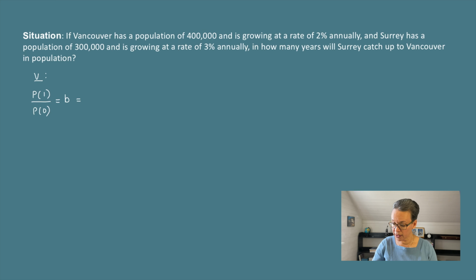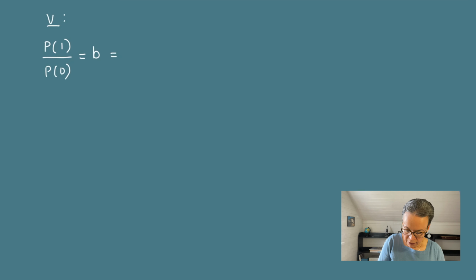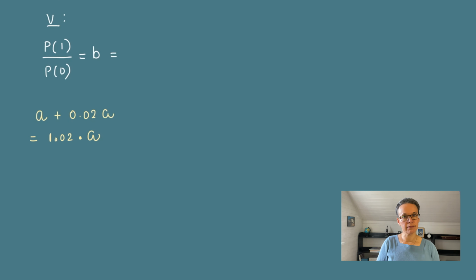This is similar to what I just discussed in the previous example. Look at this. If the population right now is A, and now I have a rate of increase of 2%, so plus 0.02A, then the overall effect is now 1 plus 0.02, so 1.02 times A. So then that means that the common ratio here will be 1.02.